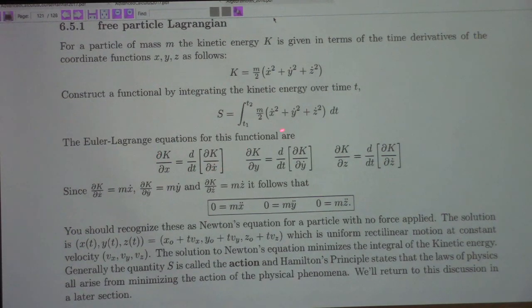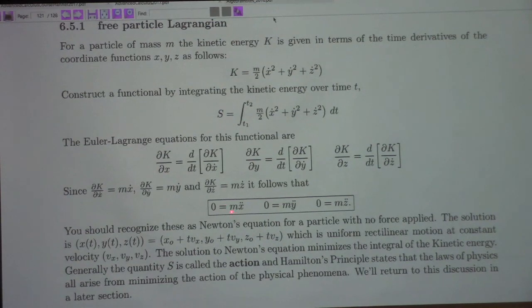What's partial K partial x dot? You get m over 2 times 2x dot. Oh, I'm sorry, I'm differentiating with respect to x dot. So it's just m x dot. This is just m x dot, that's just m y dot, that's just m z dot.